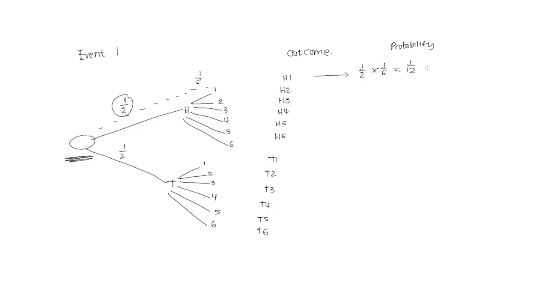We mentioned earlier that each of the 12 possible outcomes are equally likely. Therefore, the probability of obtaining one of the 12 possible outcomes is 1/12.